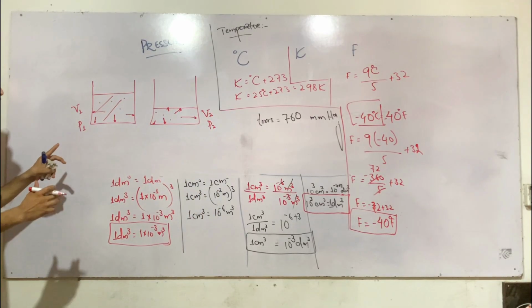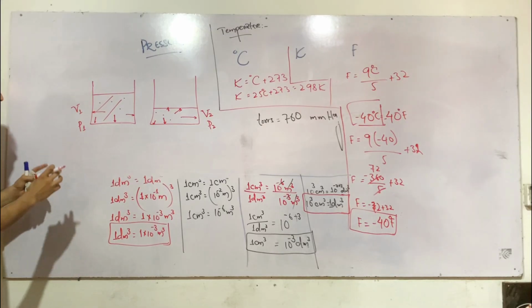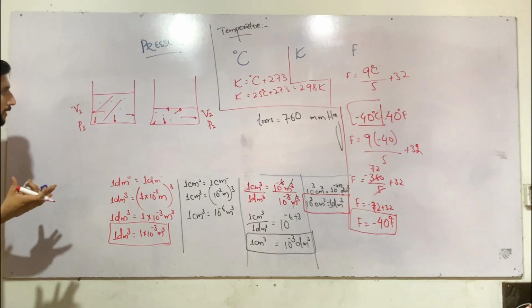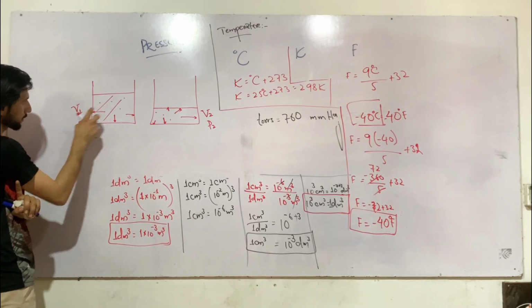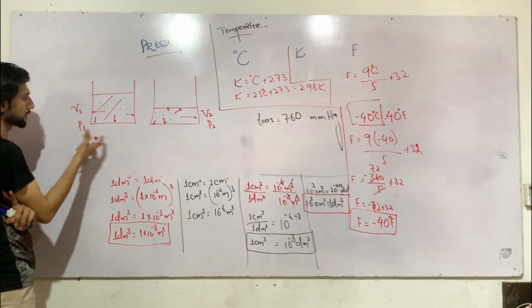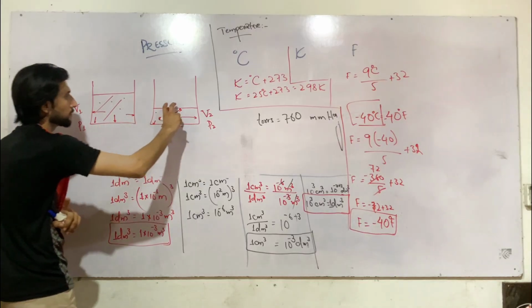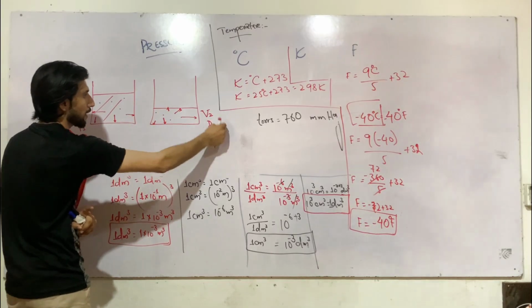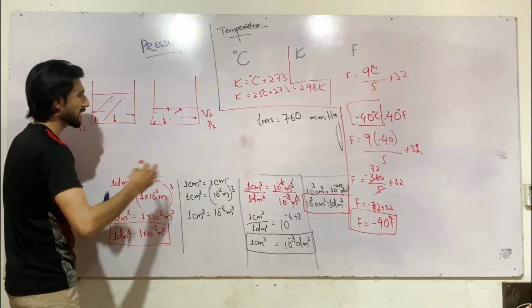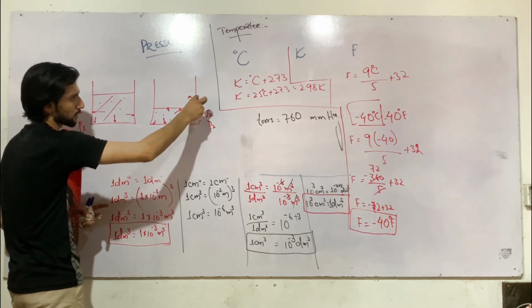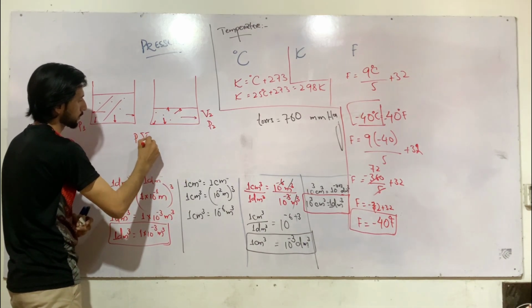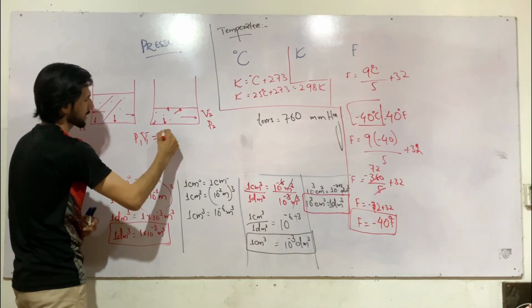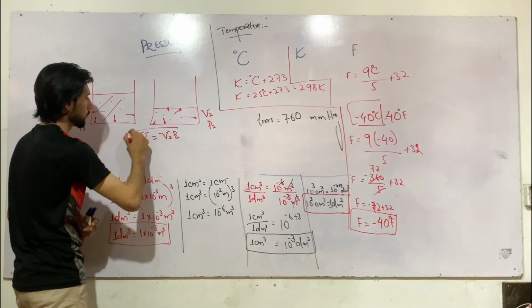So what am I getting? I am getting commonsensically that if I had a volume V1, I had a certain pressure P1. Now, if I have decreased the volume, the pressure has increased. So somehow I can know that the product of both these quantities, like if I were to multiply P1 with V1, it must have been equal to P2 V2.